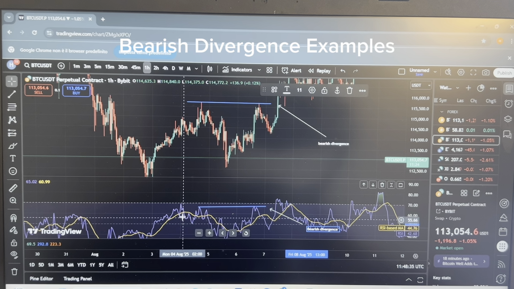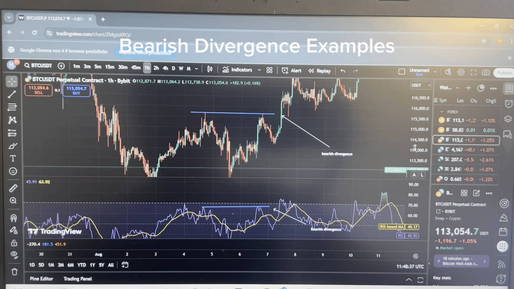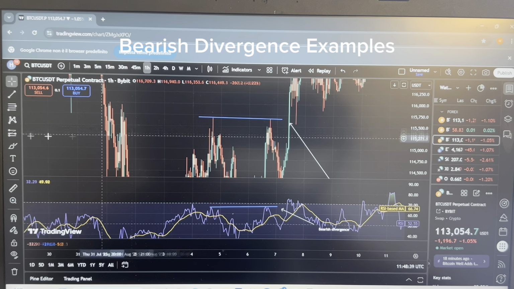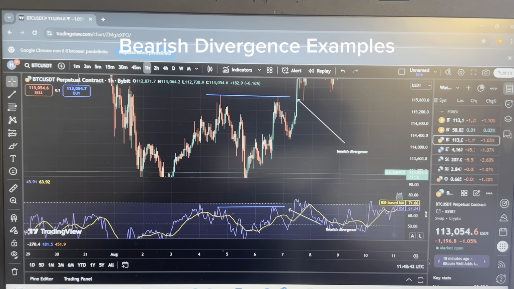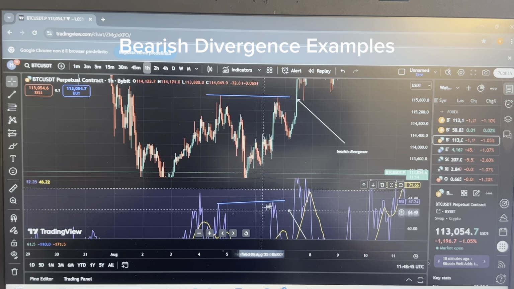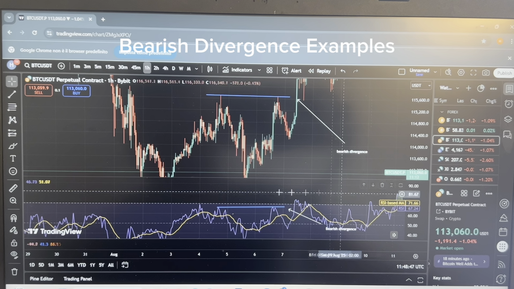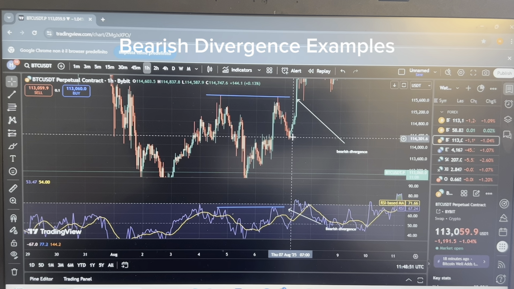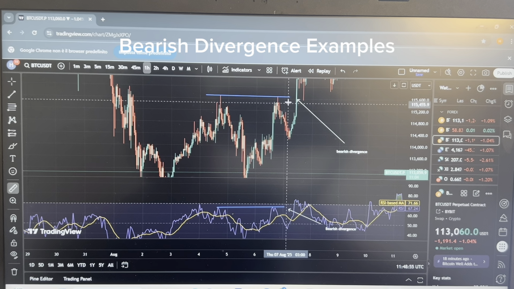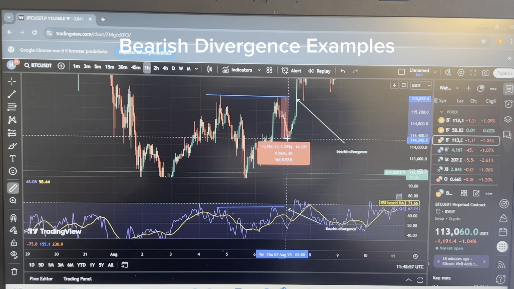okay. So as you guys can see, even though the market is making lower highs, the RSI indicator shows that it's making higher highs. So at the end, it respected the path of the market, which actually went down from here itself to this level.